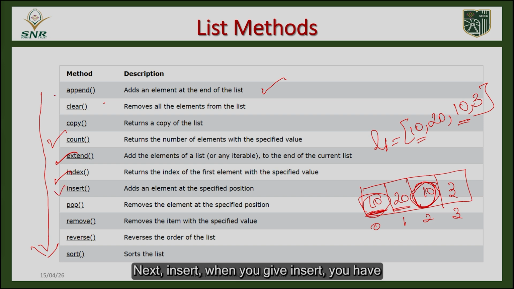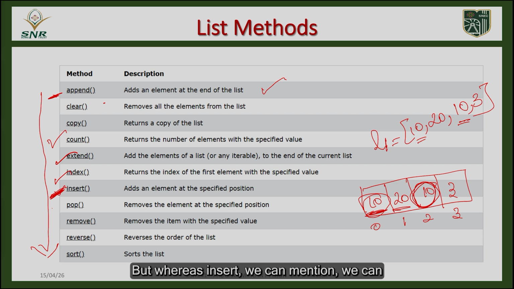Next, insert. When you give insert, you have to specify a particular index position, so that the new value will be inserted at the specified index position. Append also adds a new value, and insert also adds a new value, but the difference is, in append by default the new value gets located at the end of the list.